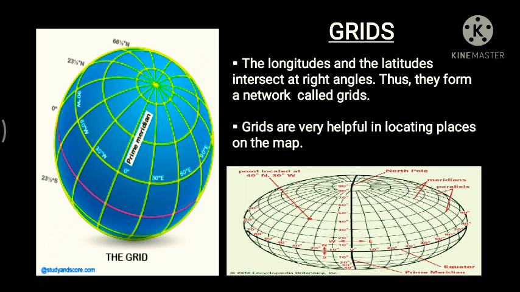These grids are very helpful in locating places on the map. If we try to locate a place, we must know the value of its latitude as well as its longitude. The point where the latitude and the longitude cross each other is the location of that particular place.